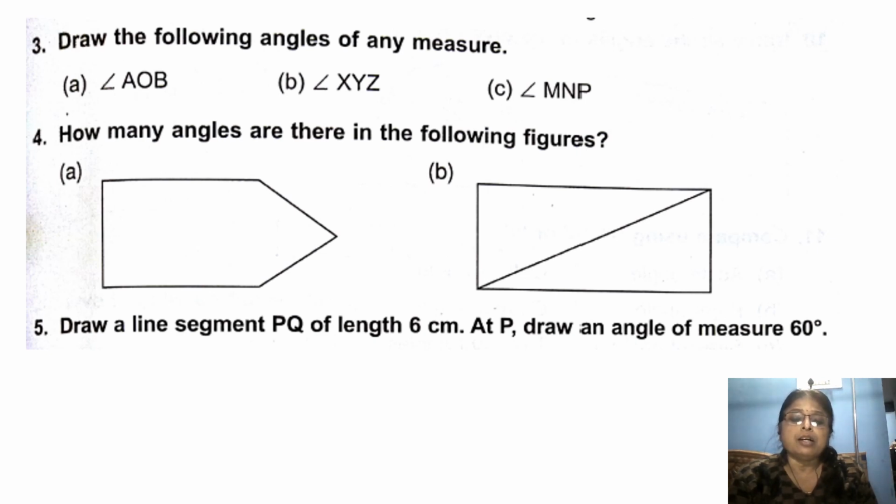So you draw line segment PQ of 6 centimeters with the help of a ruler, and then at point P you have to draw an angle of 60 degrees. Now you take the protractor and measure 60 degrees, and then you draw the angle.